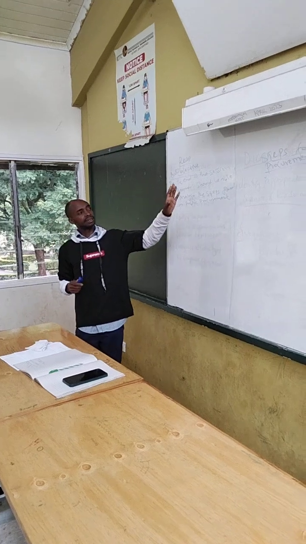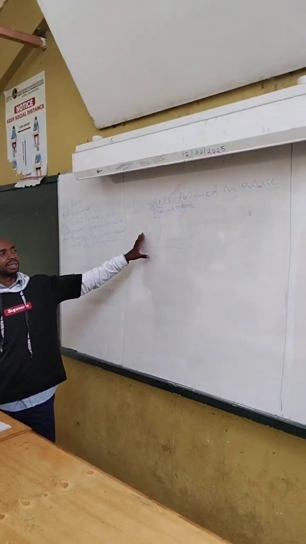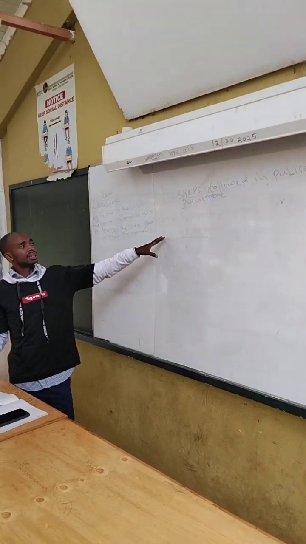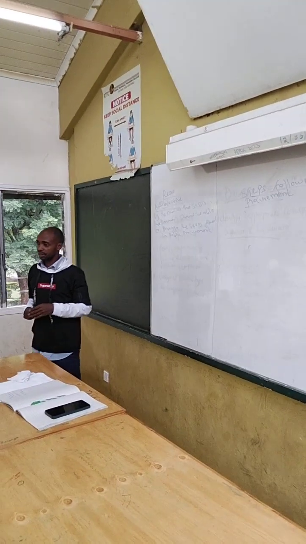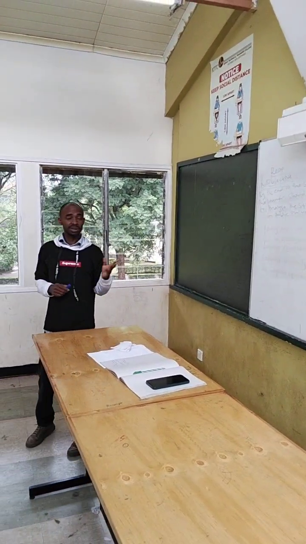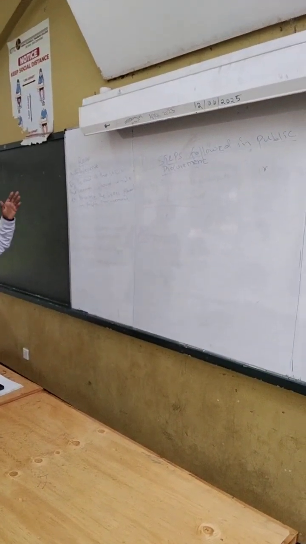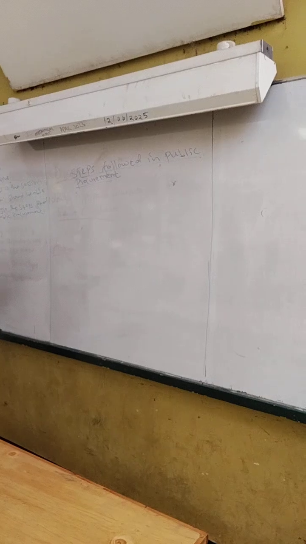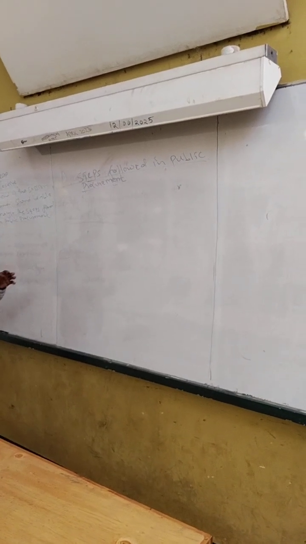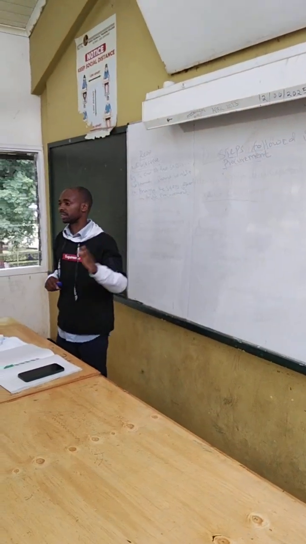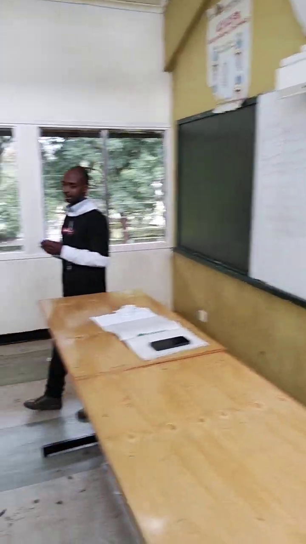So, in procurement, a person or an organization must follow some steps. We have 9 to 13 steps of procurement, depending on the authors.